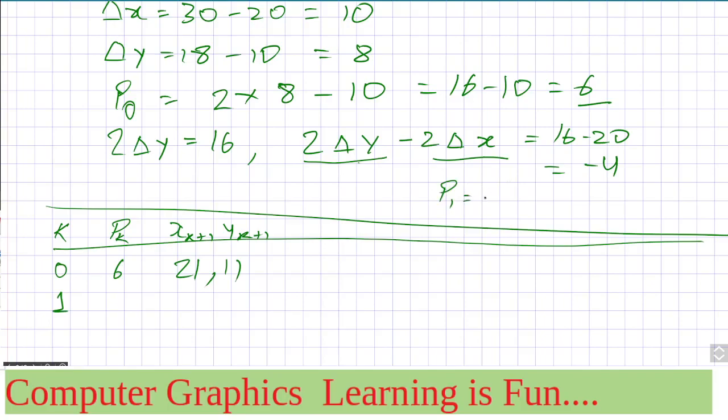P1 will be, if you remember the formula, pk, which was p0, plus 2 delta y minus 2 delta x into yk plus 1 minus yk. So what was p0? P0 was 6, plus 2 delta y, which was 16, minus 2 delta x.